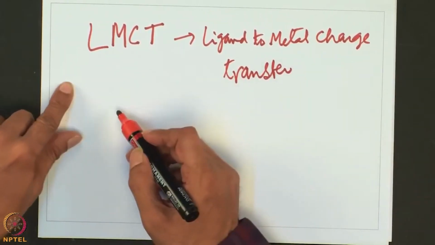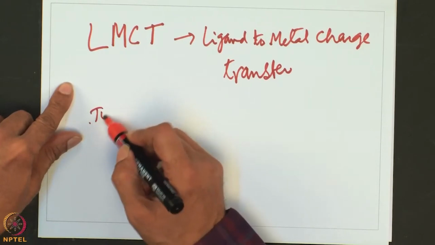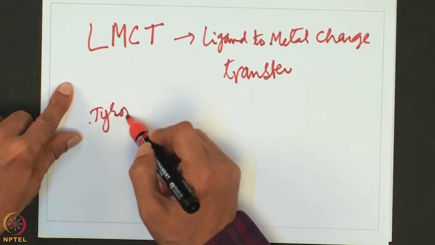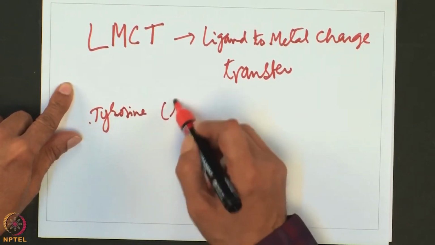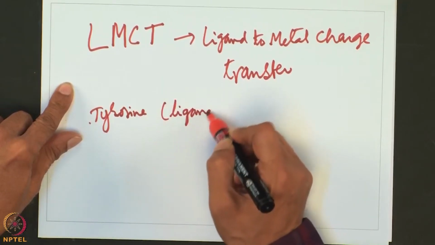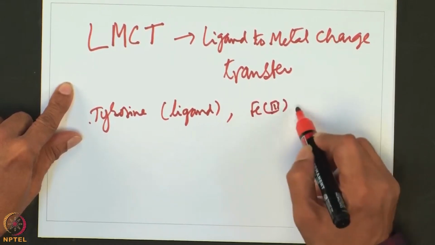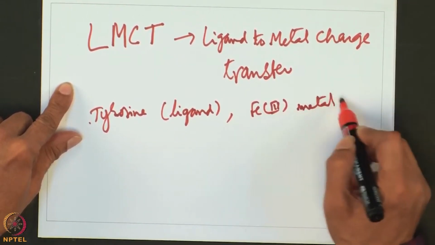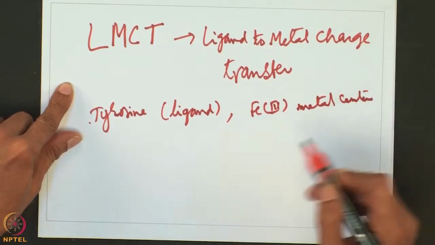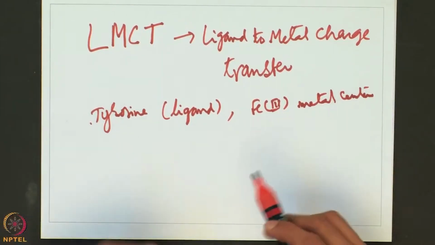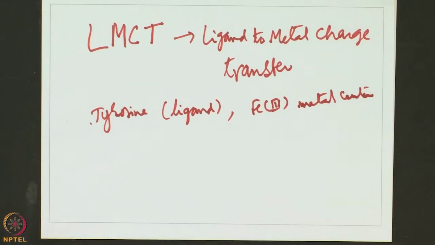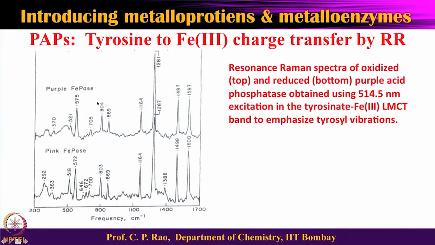In this case the ligand is tyrosine, and iron 3+ of course is the metal center. So, that is where we have ligand to metal charge transfer, tyrosine to the metal charge transfer.